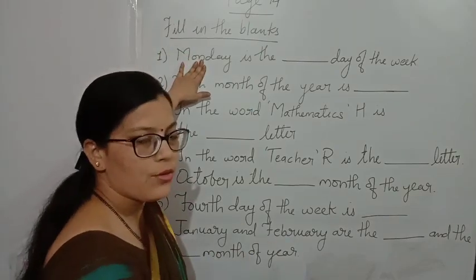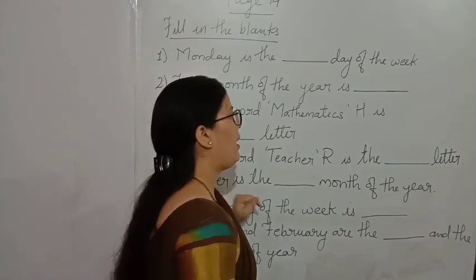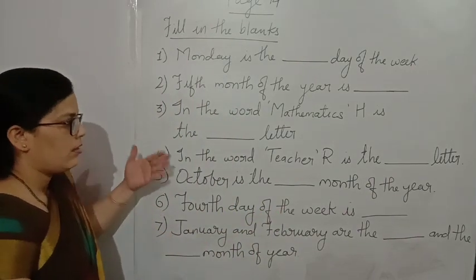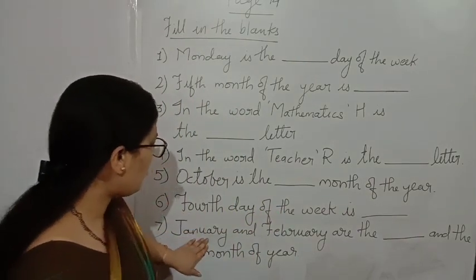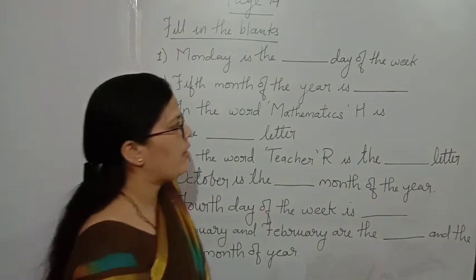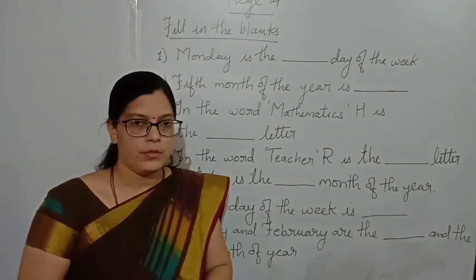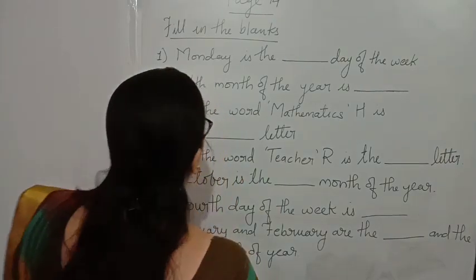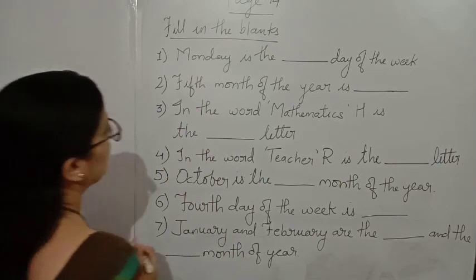Monday, Tuesday, Wednesday, Thursday, Friday, Saturday and Sunday. The last day is Sunday. Now you know the names of the months also: January, February, March, April, May, June, July, August, September, October, November, and December. Now let's start.